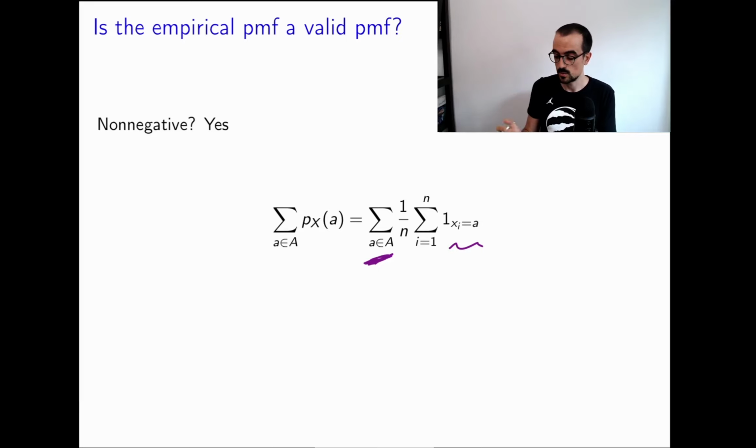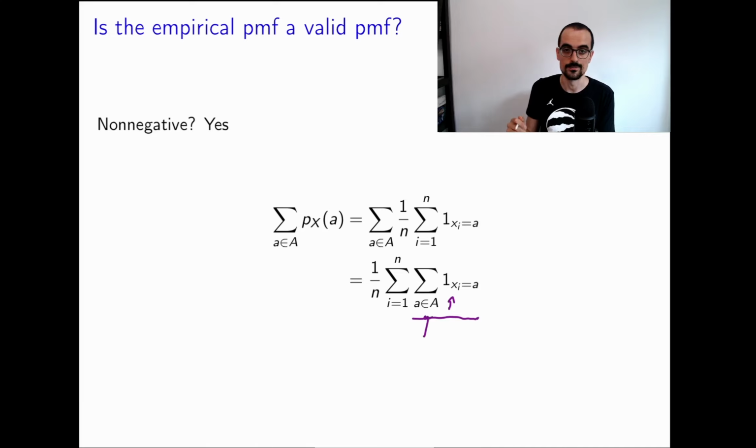And here we see that we can actually change the order of the sums and basically just add from 1 to n the sum of the indicator variable over all the possible values of the random variable. And since we have assumed that the data points are all equal to some value in A, then this thing must be equal to what? Think about it on your own. This thing must be equal to 1.